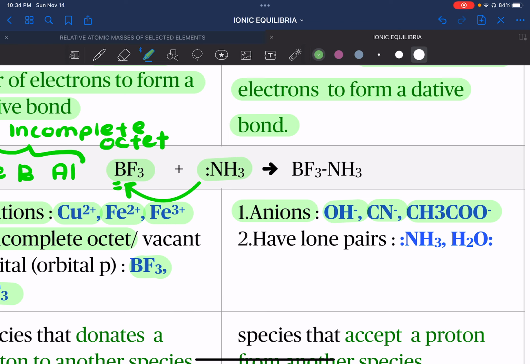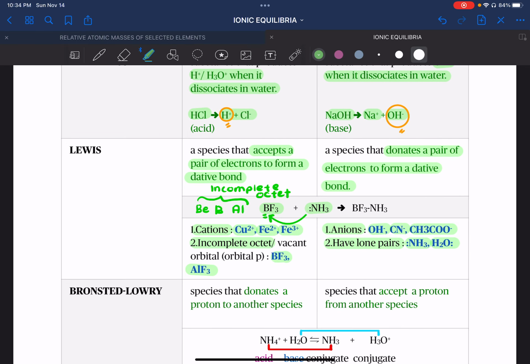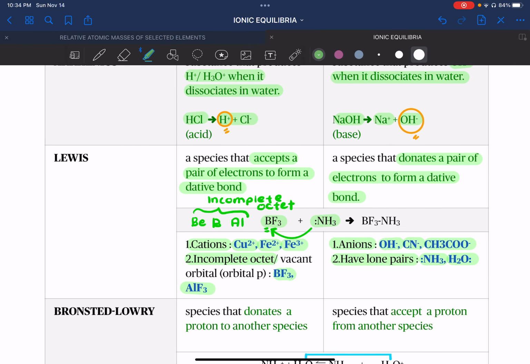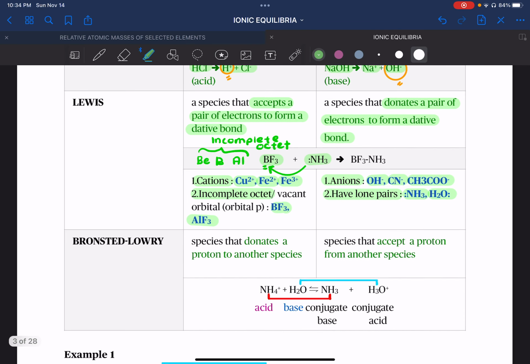Another example of Lewis base is any species that have lone pair. Kita ada water, ammonia, okay, and so on. So, basically, Lewis acid adalah species that accepts electron. Lewis base is a species that donates electron. So itu according to Lewis.